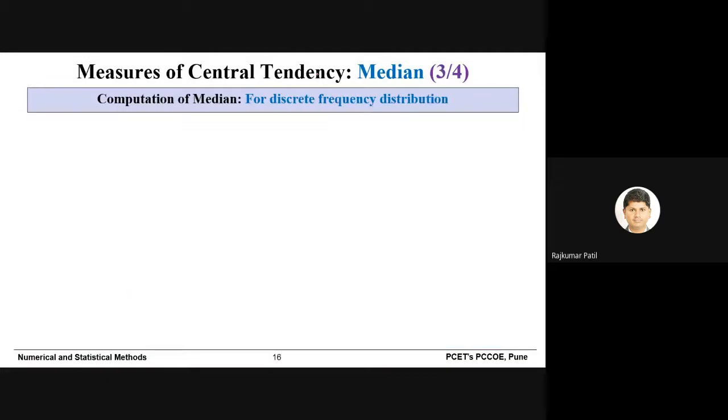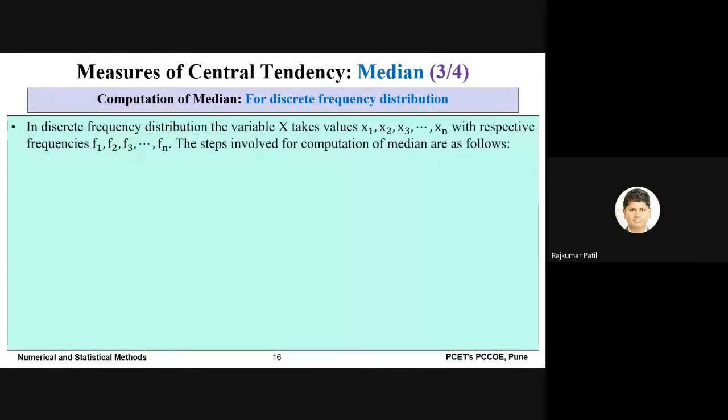Now the third case is median for discrete frequency distribution. Step 1, as I mentioned, just like mean: x1 observed for f1 times, x2 observed for f2 times, x3 observed for f3 times, and so on. So the final value xn will be observed for fn times.